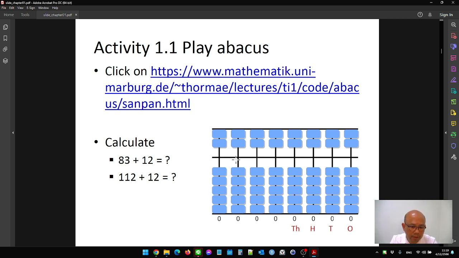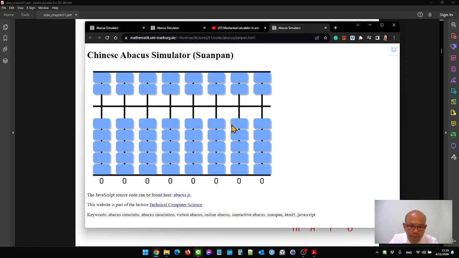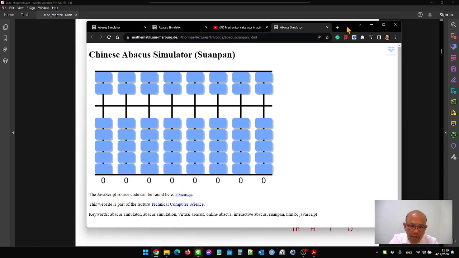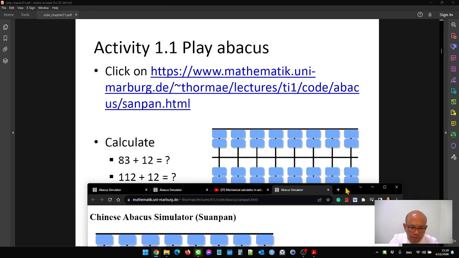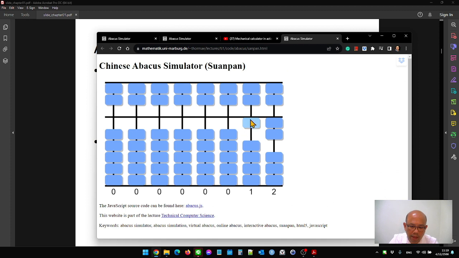Here, I set the calculation addition 83 plus 12 on the simulation. Click on this link. In this simulation, I set the value 12, 1, 2, it is 12. 12 plus 83, 5, 8, 3.